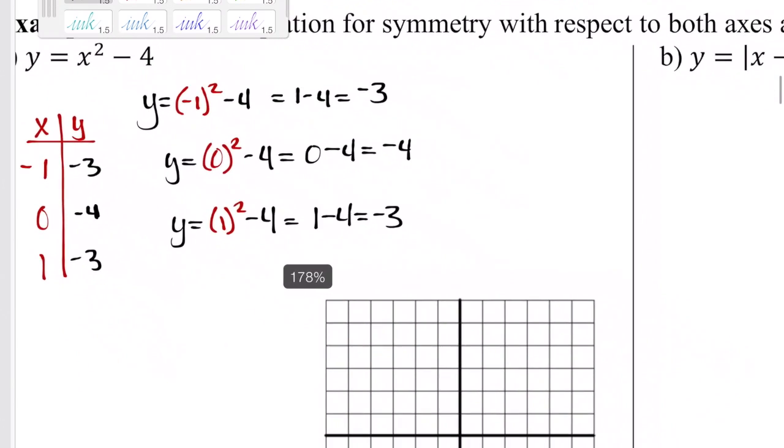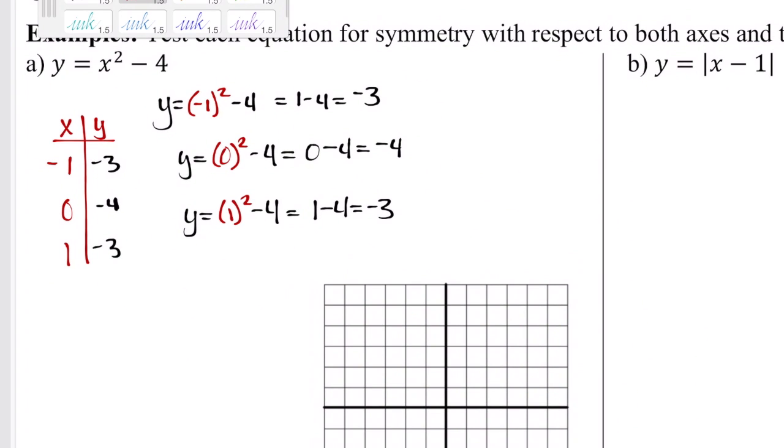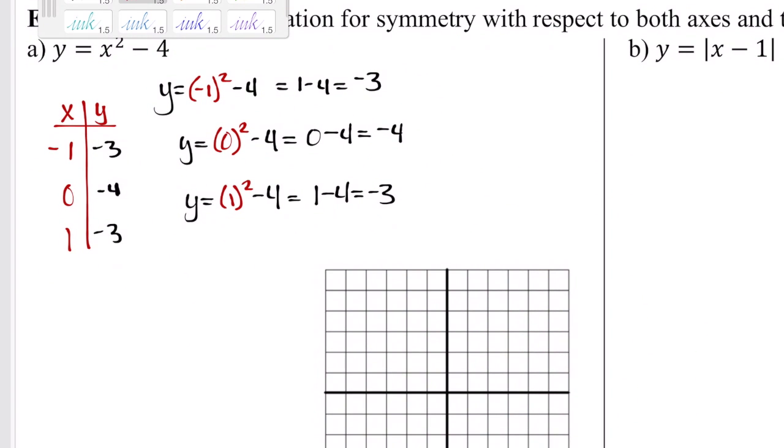So then I'm going to graph these points. We've got -1, -3. We've got 0, -4. And 1, -3. And this one I can use the 1, 3, 5 rule. I've got just nothing in front of my x squared, so a secret 1.